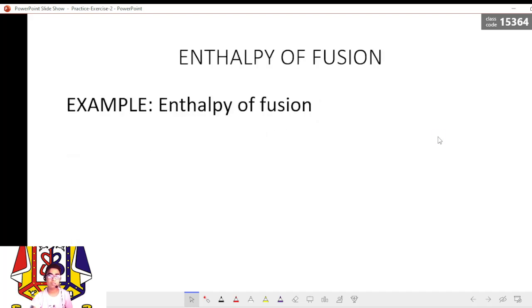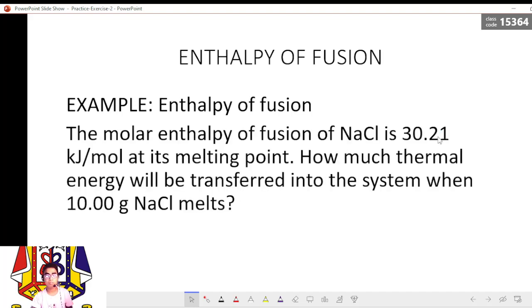So let's try to solve the enthalpy of fusion number 1. Let me read. The molar enthalpy of fusion of sodium chloride is 30.21 kilojoule per mole at its melting point. How much thermal energy will be transferred into the system when 10 grams of sodium chloride melt? So this is our first example. To solve this, we need to get all of the givens.